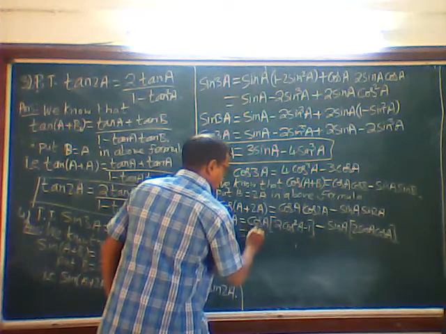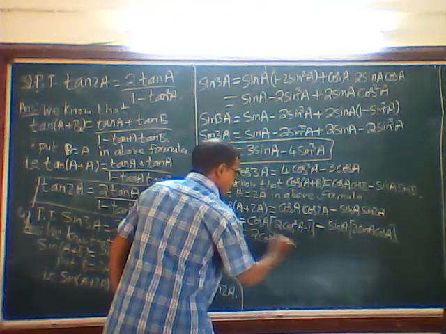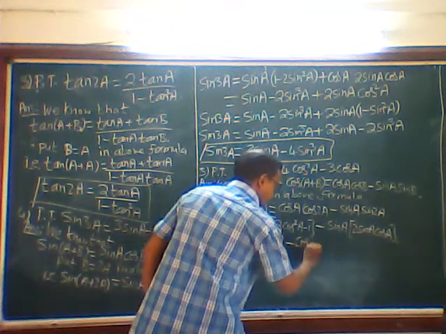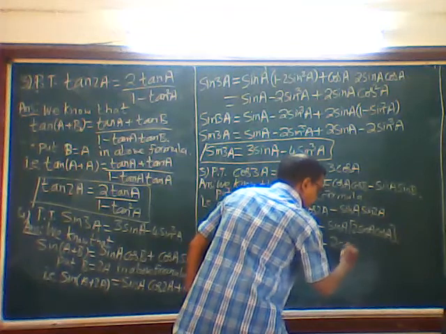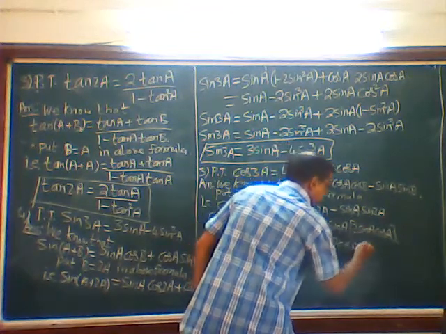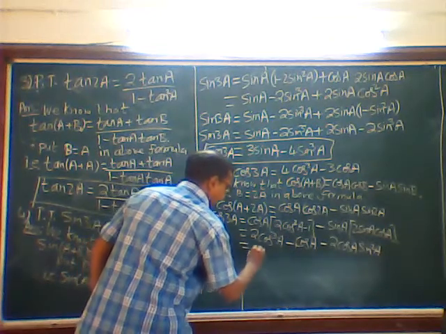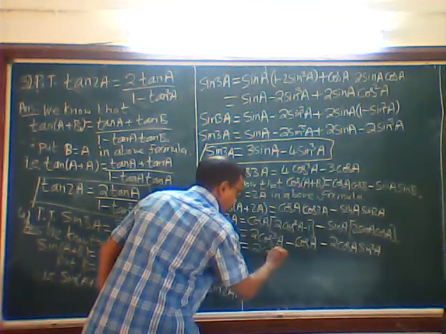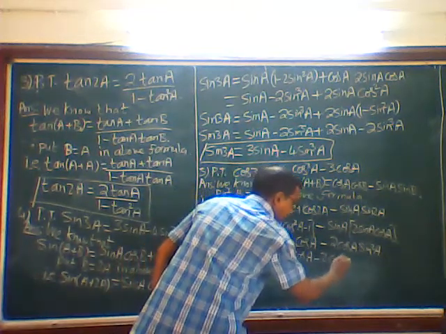Next, that is 2 cos cube a minus cos a, minus 2 cos a I write first, then sin a into sin a is sin square. Okay, again same way I am coming, 2 cos cube a minus cos a minus 2 cos a.